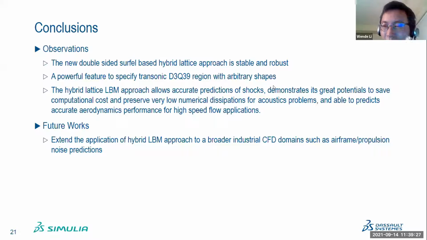We observed this in several cases. In transonic flows, we may introduce some artificial viscosity in the D3Q39 lattice to increase its stability, and this artificial viscosity will first introduce more dissipation.